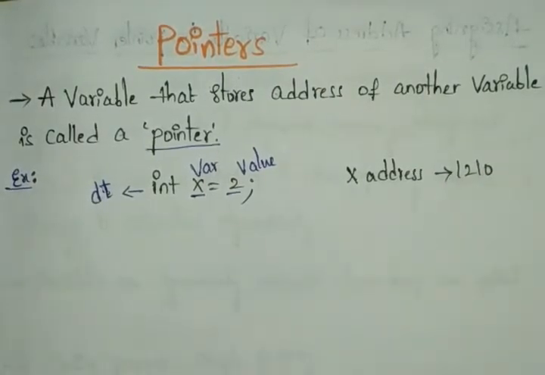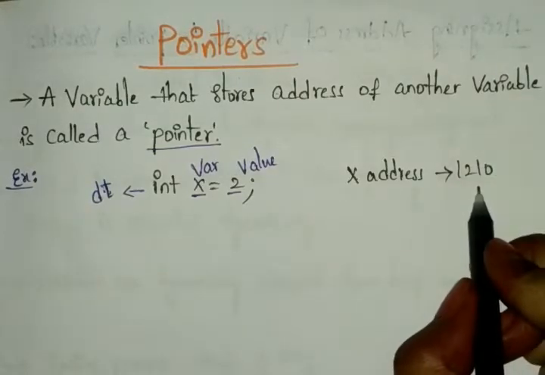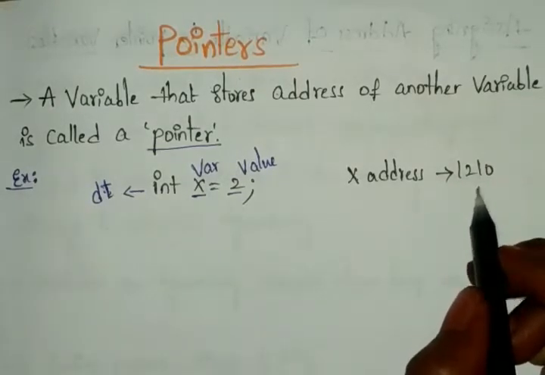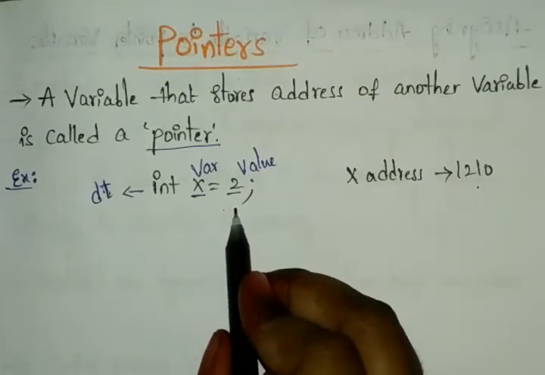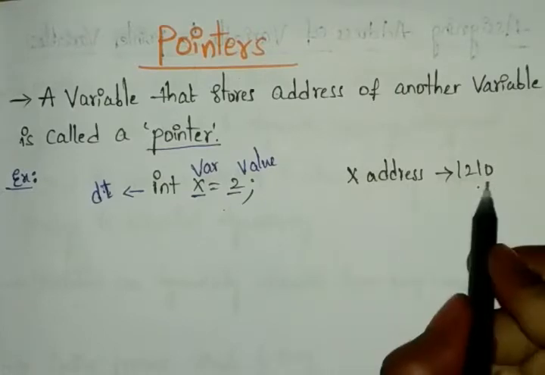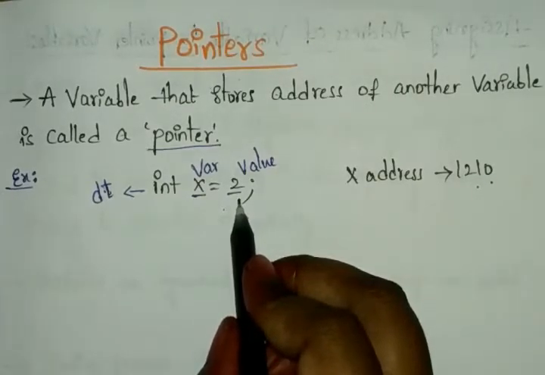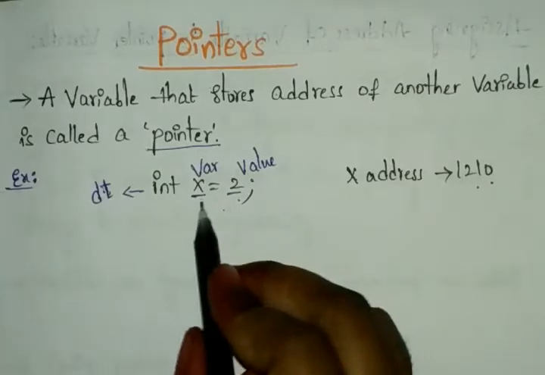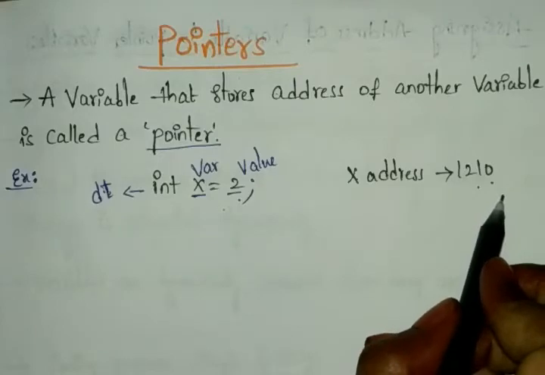For example only, the computer memory stores the address of x as 1210, and x stores the value 2. At the location 1210, the value is stored in our computer memory. So now x has the address 1210.